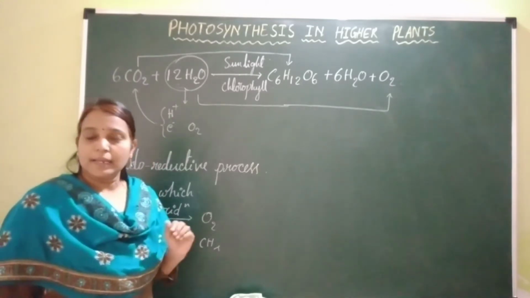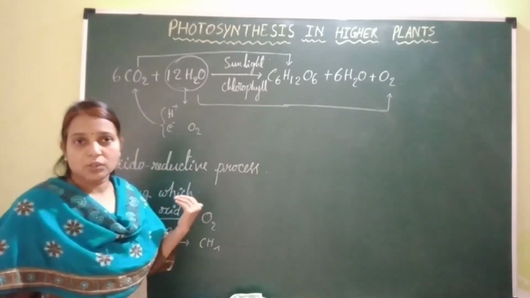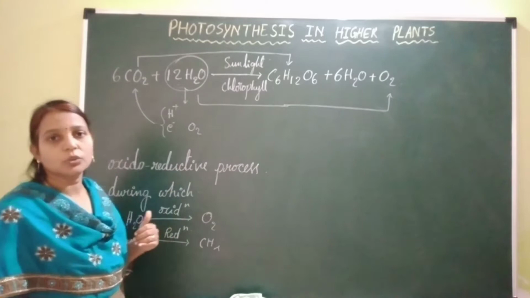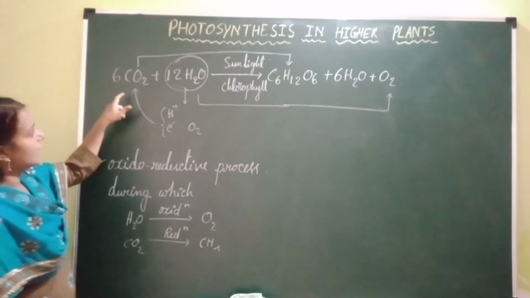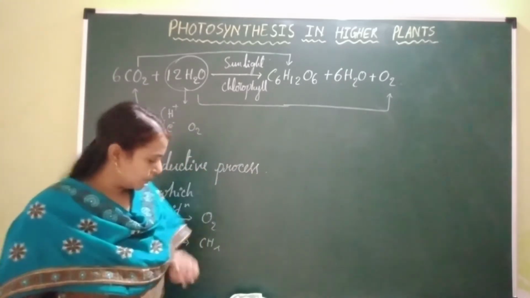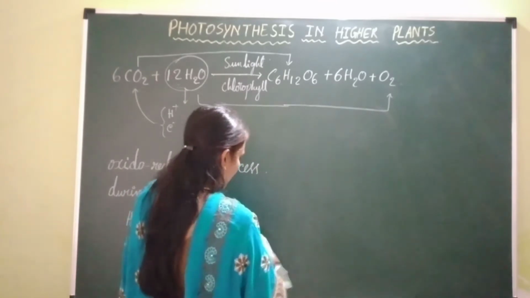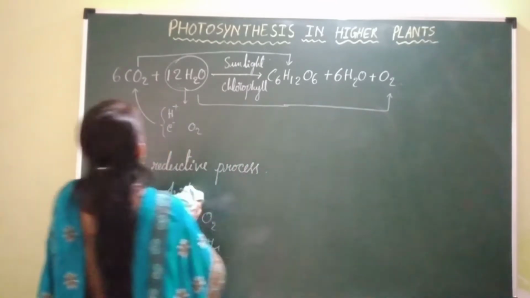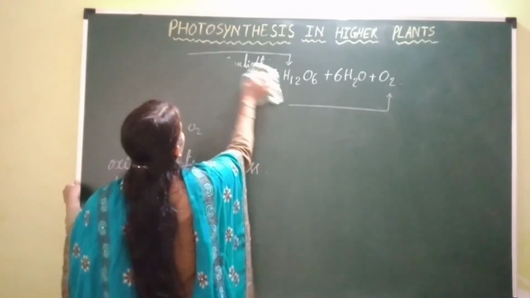Okay. Now let's study some experiments which show the essentiality of all these raw materials required for the process of photosynthesis. What are the raw materials required for the process of photosynthesis? They are carbon dioxide, water, sunlight and chlorophyll. Now let's study the experiments which show the essentiality of all these raw materials. First let's start with chlorophyll and sunlight.